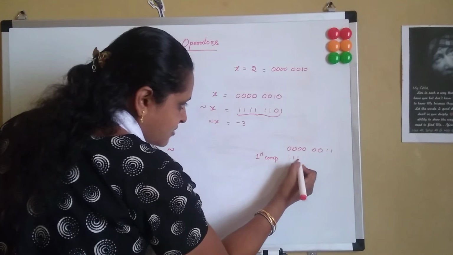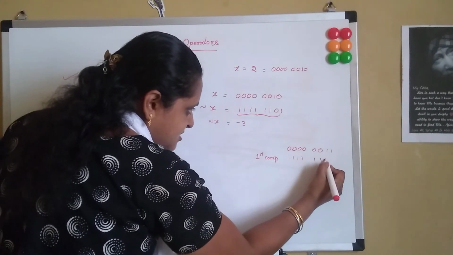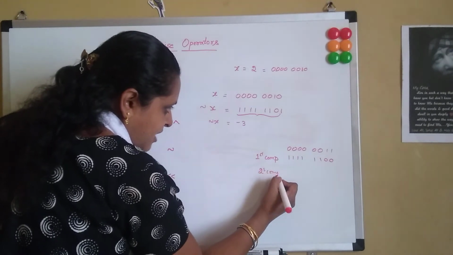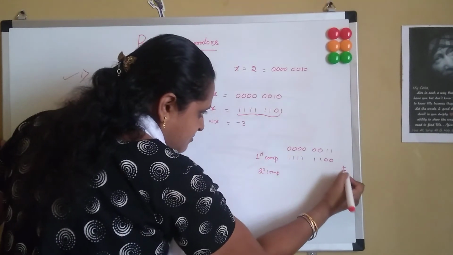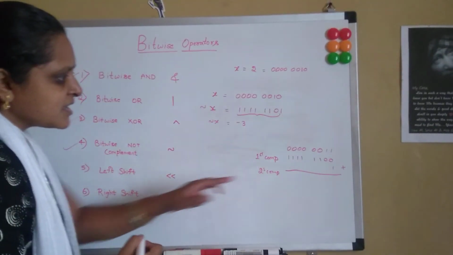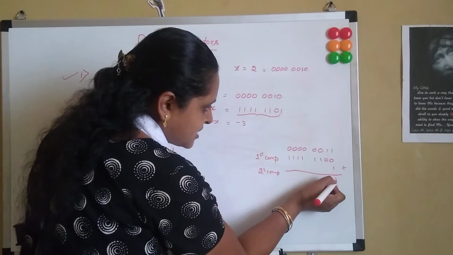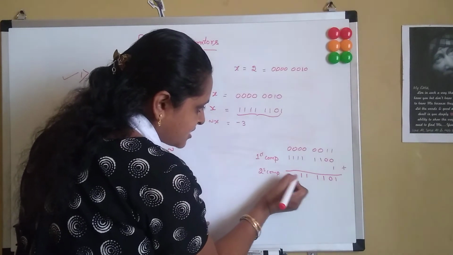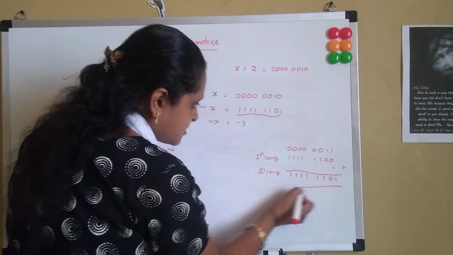That is 1, 1, 1, 1, 1, 1, 0, 0. And for 2's complement, we have to add plus 1. So in that case, 0 plus 1 becomes 1, 1, 1, 1, 1, 1, 0, 1.